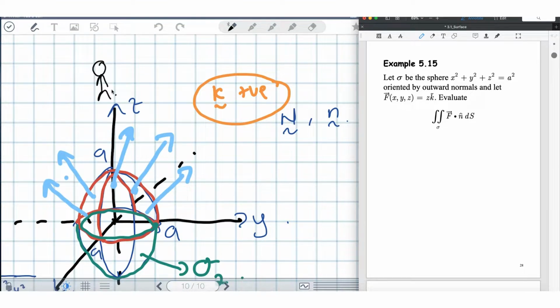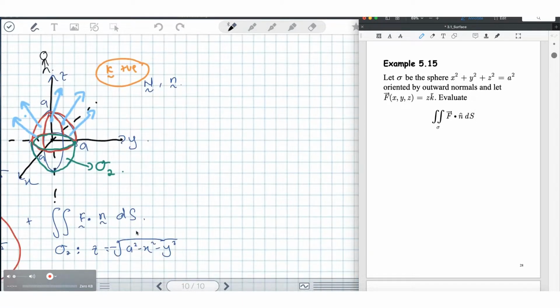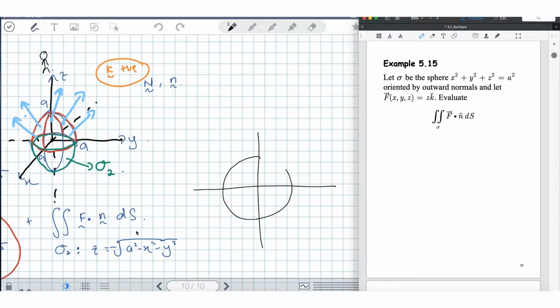In mathematics, that is called the region, but it doesn't matter, we don't bother about the term. What is the dominant curve that you can see from above? You can see a circle lying on the xy plane with radius a.